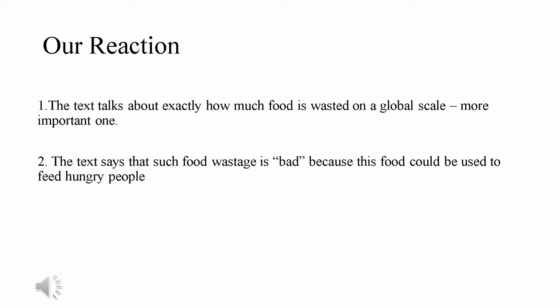First, the text talks about exactly how much food is wasted on a global scale. Secondly, the text says that such food wastage is bad because this food could be used to feed hungry people. Of these two purposes, we believe the first one is the more important aspect.